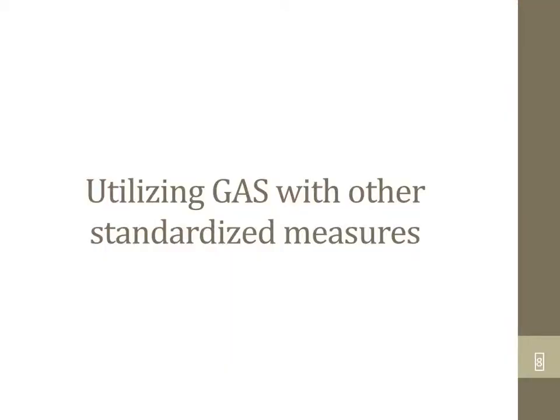Now Carol will talk a little bit about how utilizing GAS is useful with other standardized measures. Oftentimes, the testing that we might start out in school is with standardized testing, but standardized tests don't measure the activities that a student will do in school. So a child can actually score very poorly on a standardized test, but be functioning fine in a school.